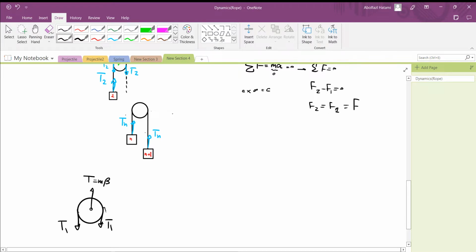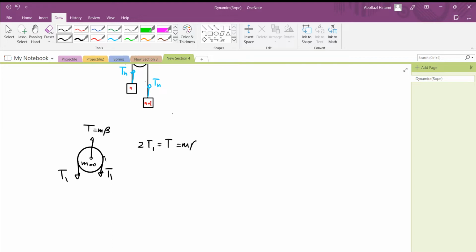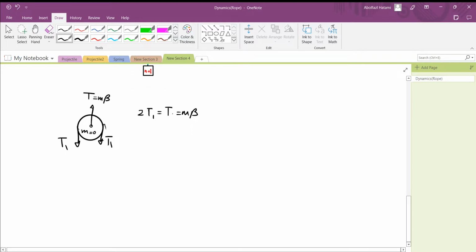Again, because the acceleration is a finite value and the mass of the pulley is equal to 0, we can write something like this: 2T1 is equal to T, which is equal to m beta. And we can generalize it for the kth pulley.